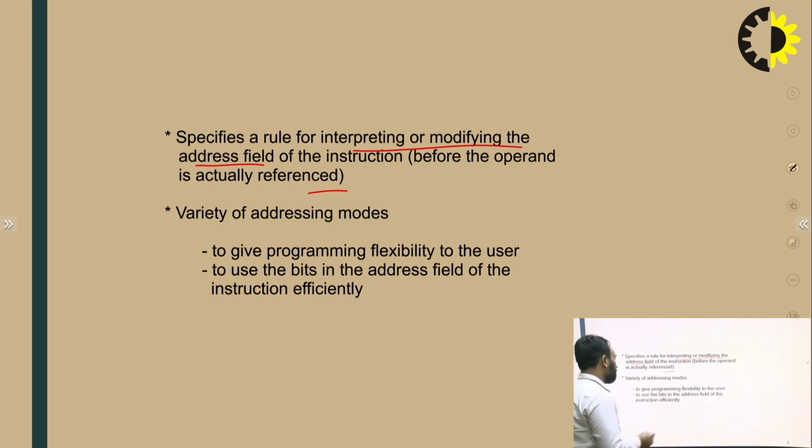Secondly, it is also helpful to give programming flexibility to the user to use the bits in the addressing field of the instruction efficiently. It gives the programmer flexibility in how to use the address of the destination where the operand is stored. These are both reasons that make addressing mode important.